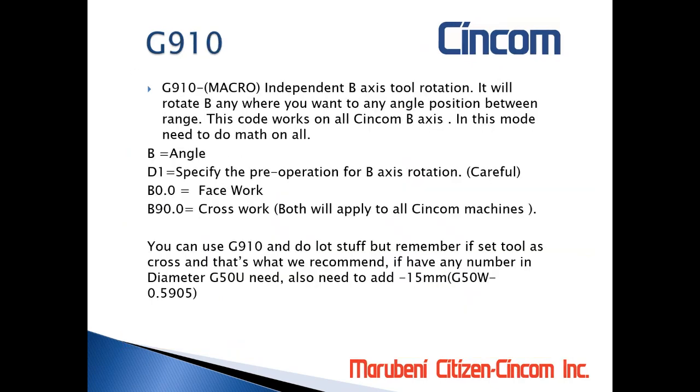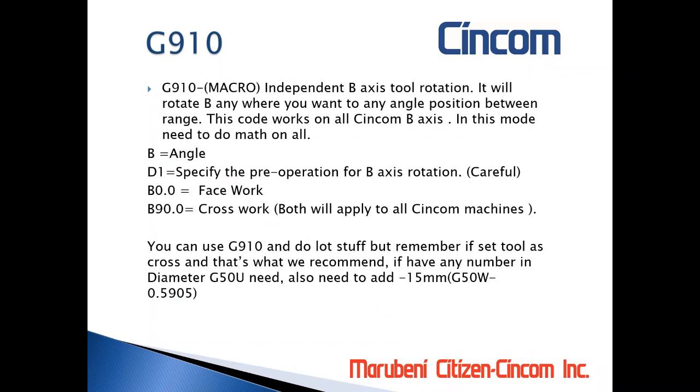Moving forward, G910. The G910 macro, I will call it traditional indexing or independent B-axis tool rotation. So basically, with this code, you can flip around to any angle in between the range, and also you can use it to program with G910, but it will involve more.